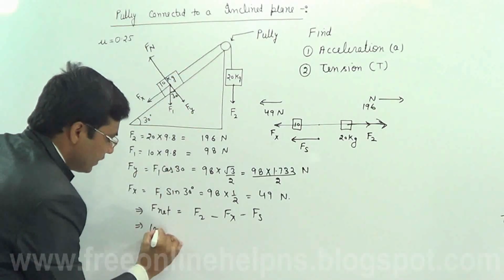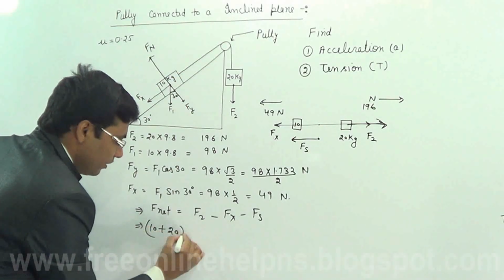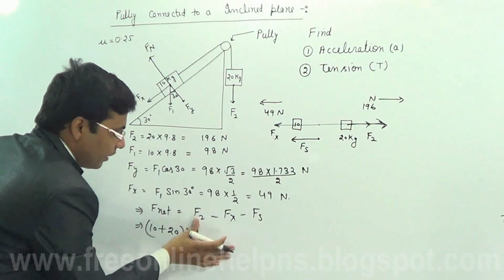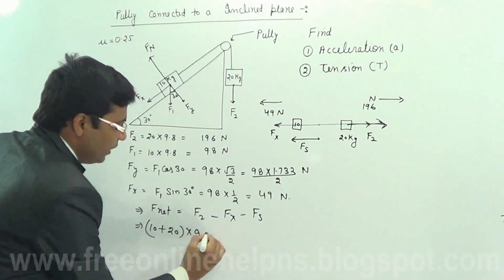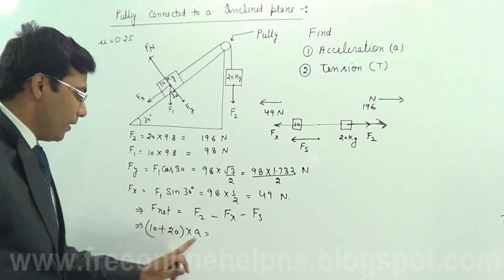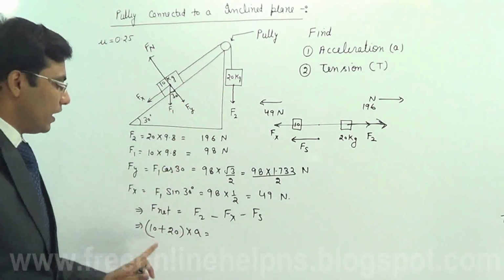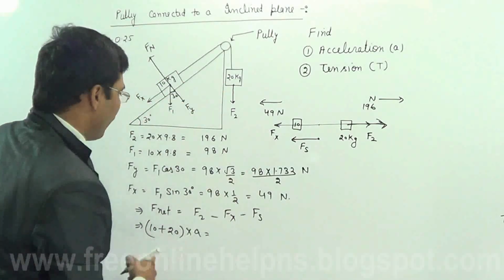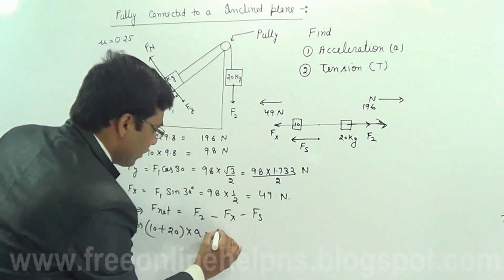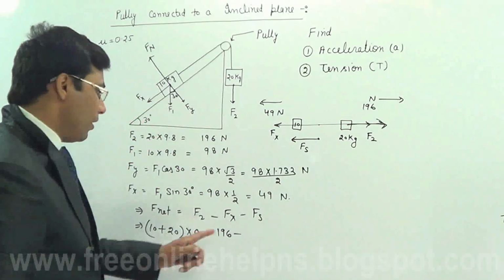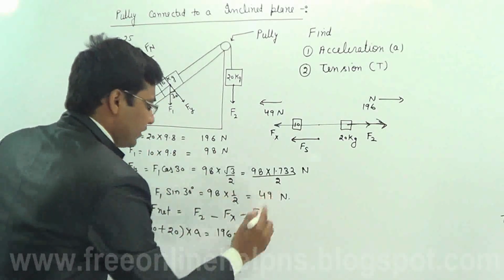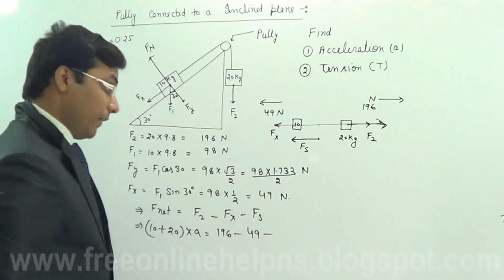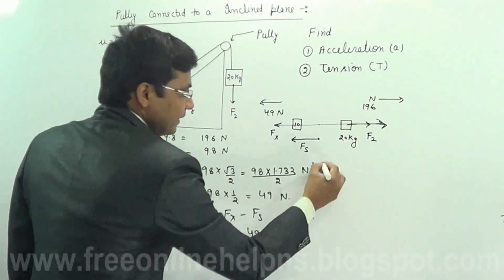So add the masses, 10 plus 20, which is 30. F2 is equal to 196 minus Fx, and Fx is 49. Then we need to calculate the value of Fs.